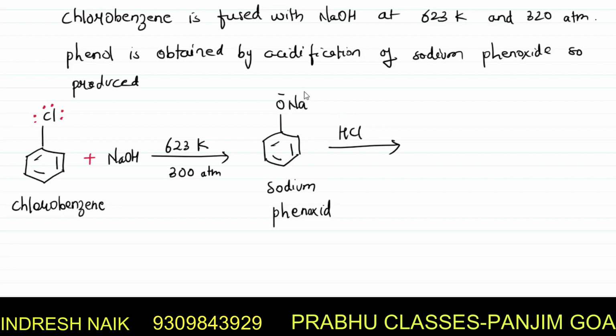This is O minus, this is Na plus. Na is a group 1 element, and H is also placed in group 1, so it will replace the Na over here. So what you get is phenol in this case, and NaCl will be a byproduct.